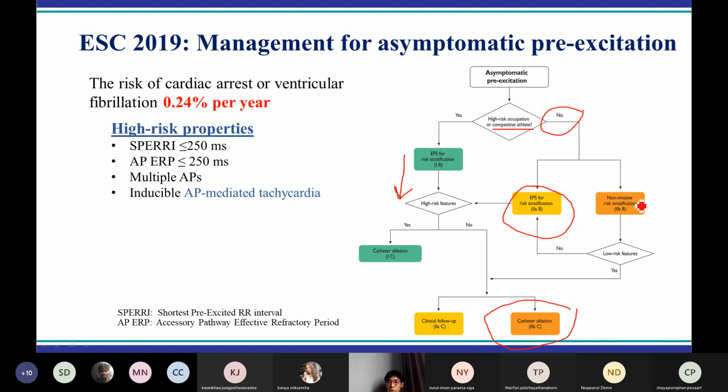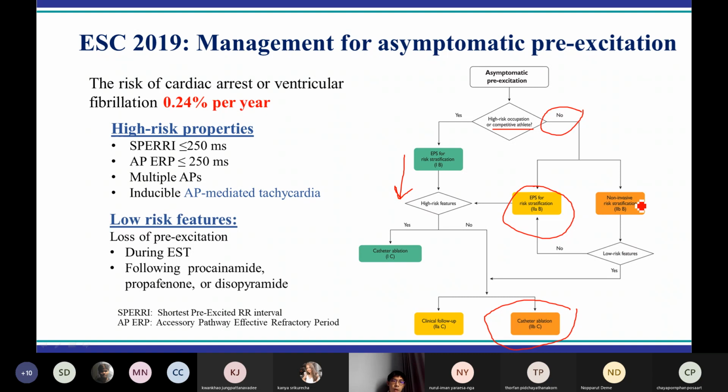If it is a low-risk feature on the non-invasive test, we would follow up the patient, or we would discuss with the patient, and if they could handle the risk of ablation, we may bring them to do the catheter ablation. So not all patients with asymptomatic pre-excitation have to be treated.